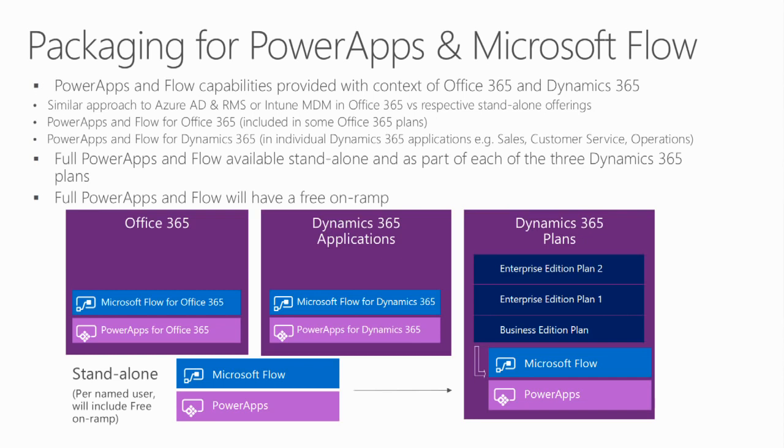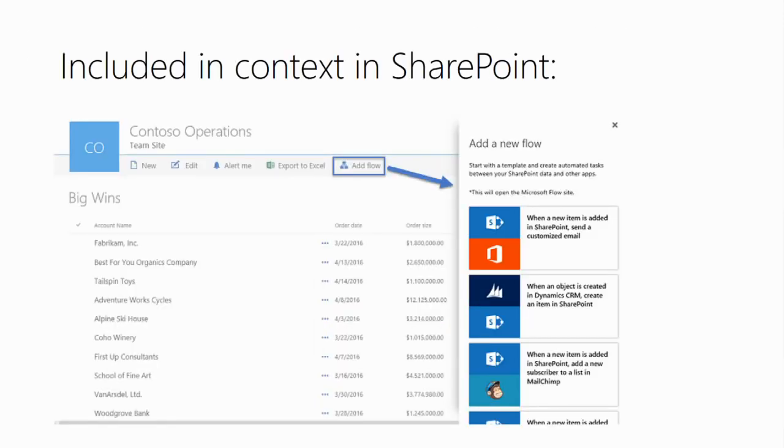What's a little different is that when you purchase it with Dynamics 365 or Office, you get the Flow capabilities for just those applications. When you get the plan, you get the full standalone capabilities, the ability to connect to any different service. This was announced just recently, and it'll be a great way to get easy access to Flow because it'll be available in all of the different applications.